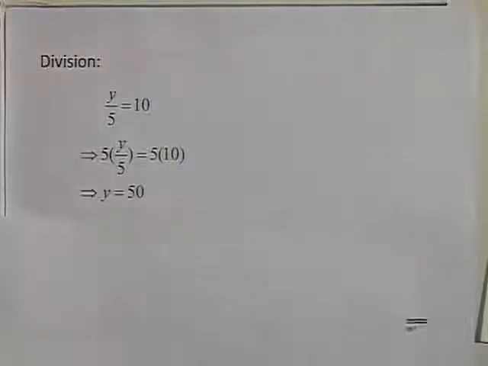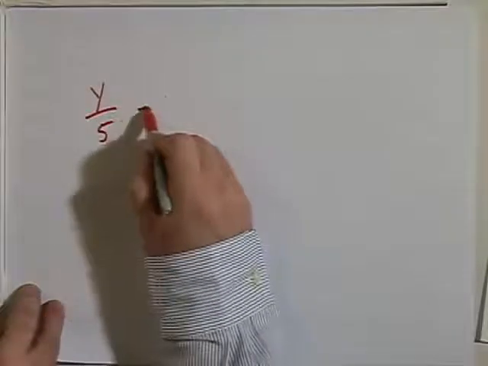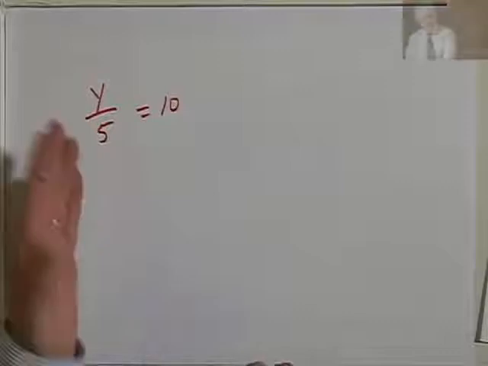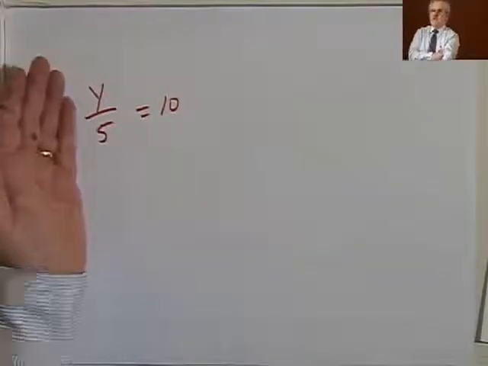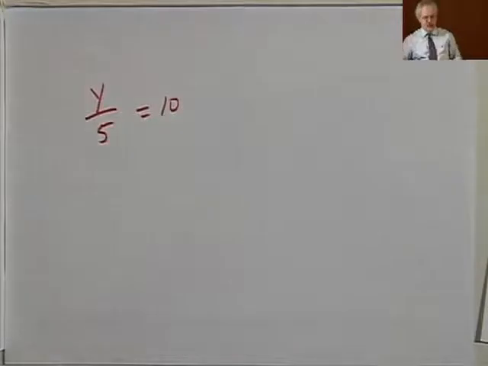You moved on then to division, which was the next thing in primary. And you said, y over 5 is 10. Now, remember that really the way you like things, you like the letter to be on the left-hand side on its own and the answer to be on the right-hand side. It's a convention we have.